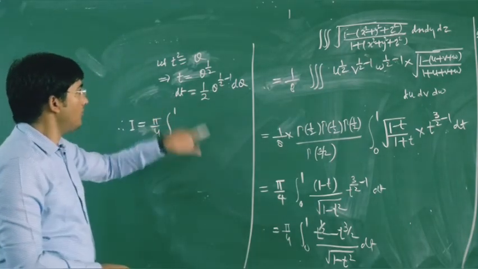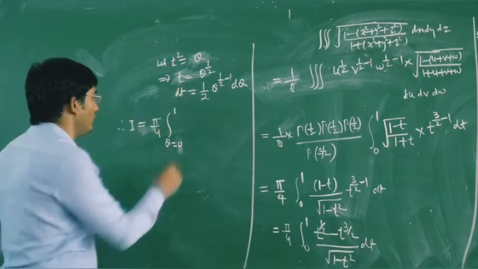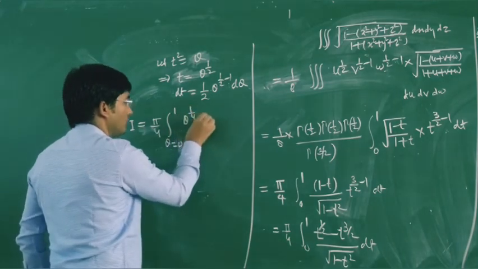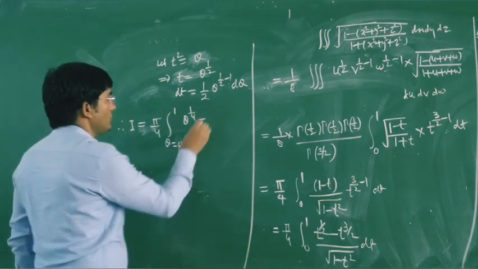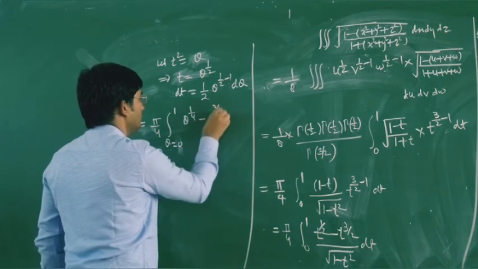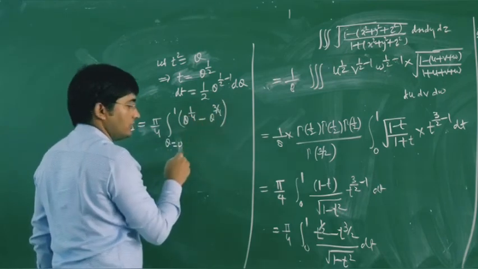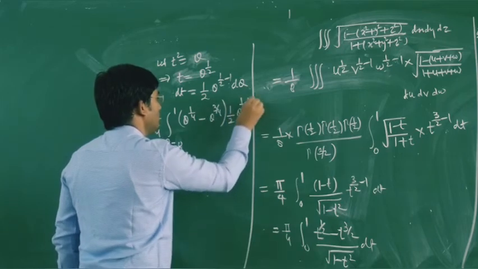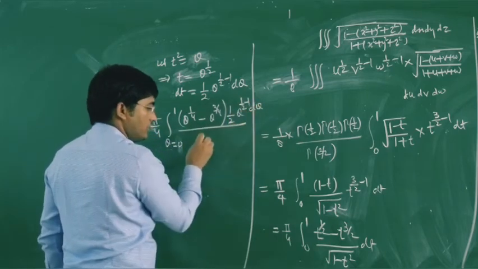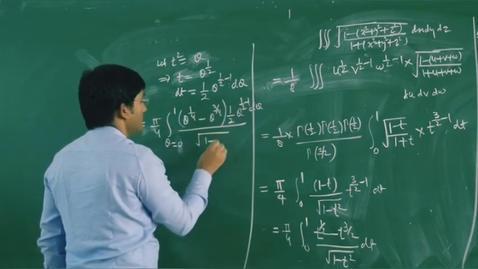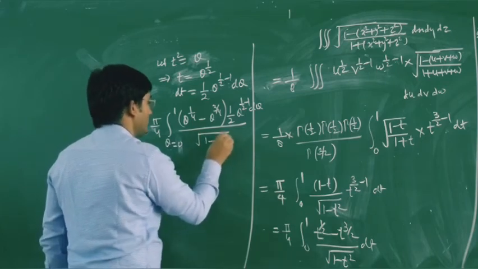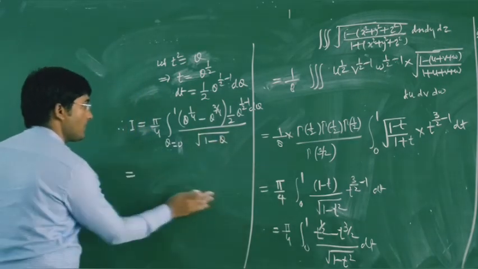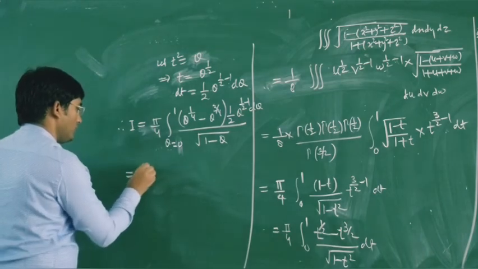Now this t power half will be theta power 1 by 4. Then we have t power 3 by 2, so we have theta power 3 by 4 into dt. Now the value of dt is half theta power half minus 1 into d theta divided by 1 minus t square. Your t square is theta.